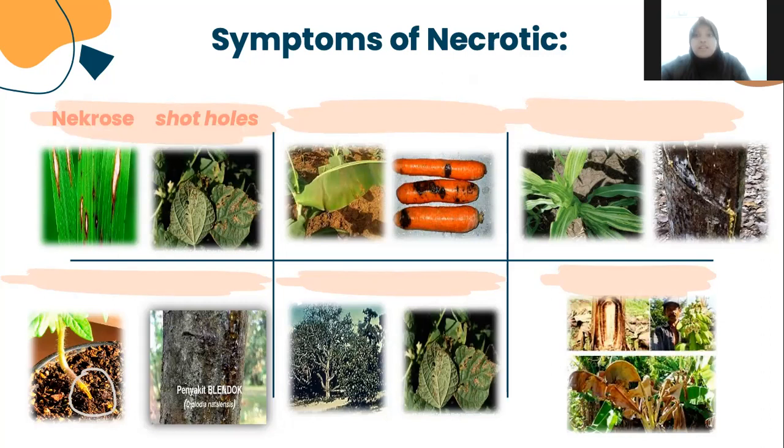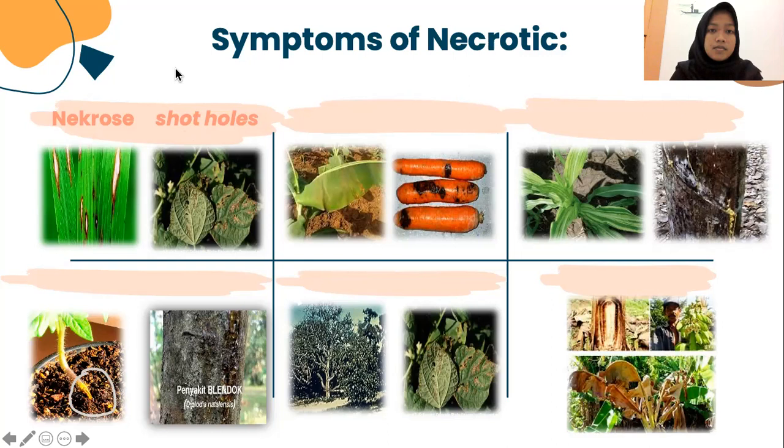Symptoms of necrotic. First, necrosis. Necrosis is a symptom that occurs due to the presence of some dead tissue, for example, on the trunk and the leaf. There are several types of necrosis.